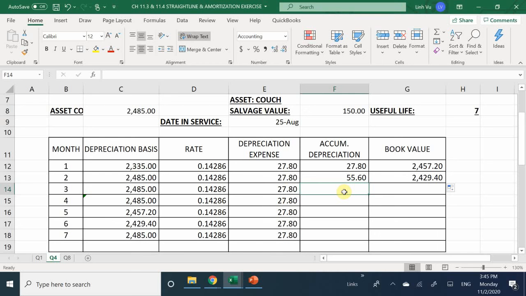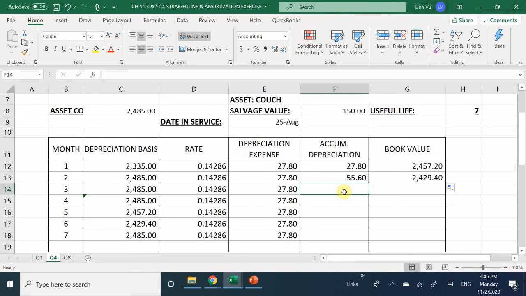Okay, so the formula for accumulated depreciation is going to be the previous year's accumulated depreciation plus the current year's depreciation expense. Because we're doing straight line, we know that all of it's going to look identical. So now that we're on the third year, we already know that the depreciation expense is $27.80, right?